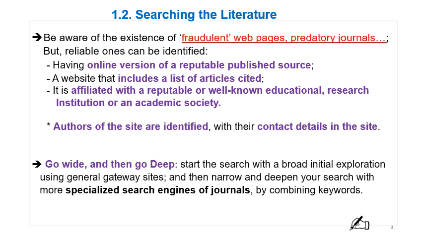So we start the search with a broad initial exploration using general gateway sites, and then narrow and deepen the search with more specialized search engines of journals using the keywords that are related to your study topic.